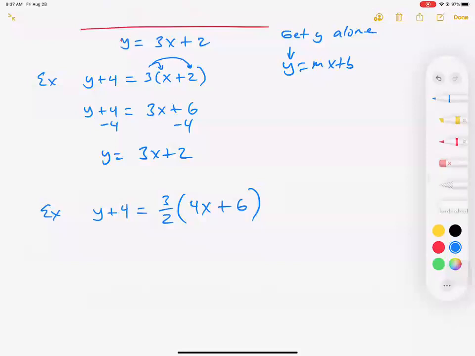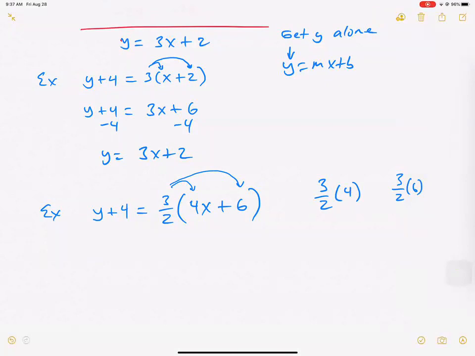Now, this is just to help us review fractions when I multiply fractions out. Similar to our last problem, except now with a 3 over 2. So we're going to distribute to the front, distribute to the back. I'm going to write this on the side so you can see it: 3 over 2 times 4, and 3 over 2 times 6.